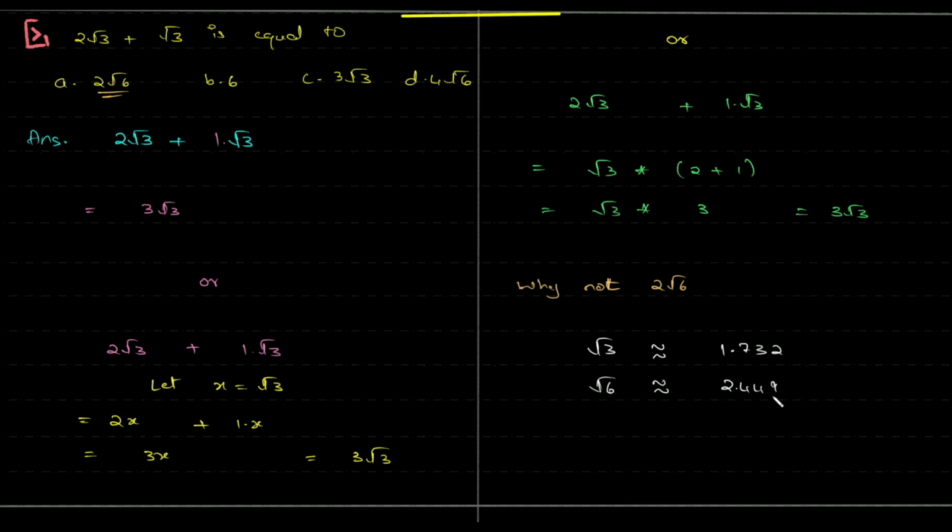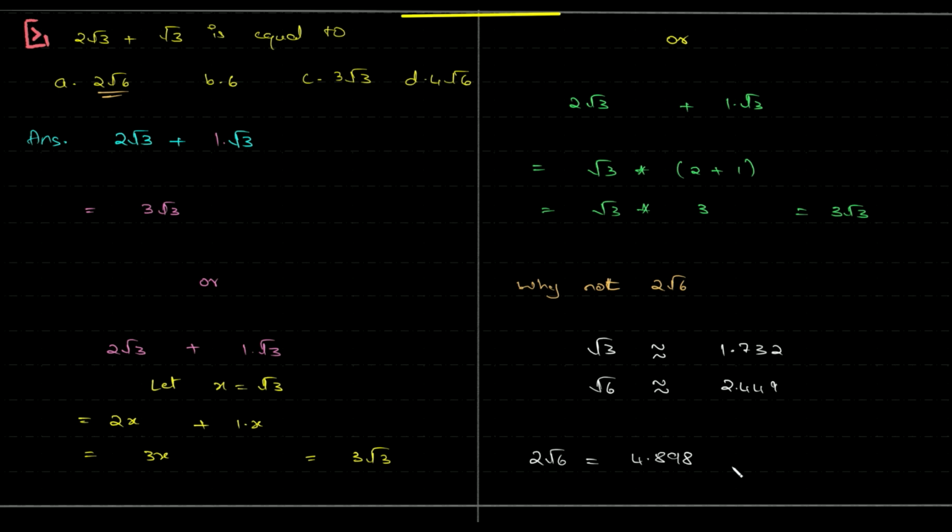Right, guys? So now if I talk about 2 root of 6, it will be 4.8, this into 2, no? So this will be 4.9, something like this. I hope I'm right.